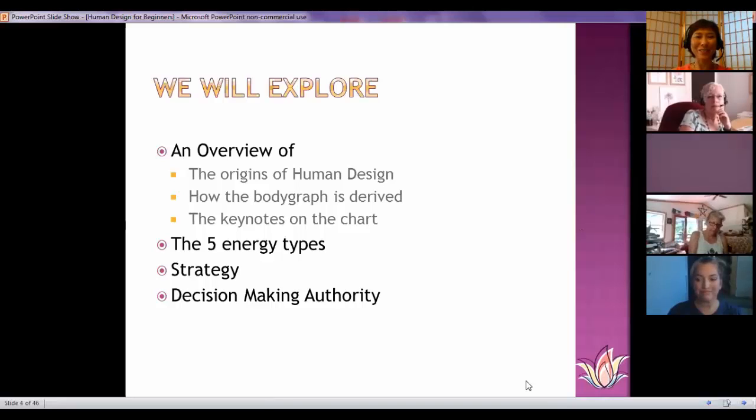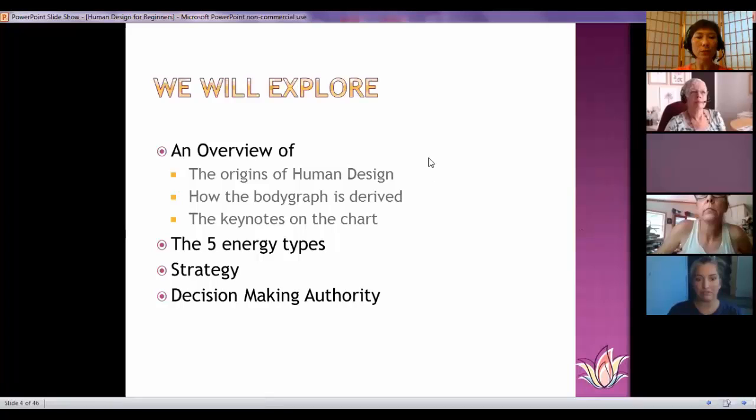I just want you to have a good background in how the chart is derived, so it doesn't look like such an arbitrary system that's shrouded in layers and layers of mystery. Along with that, I want to point out the keynotes on your human design chart and what they're about.